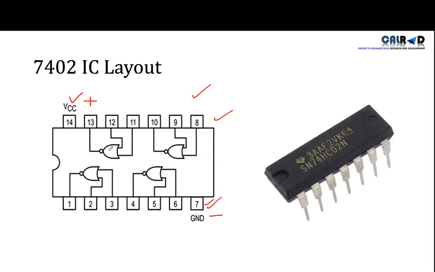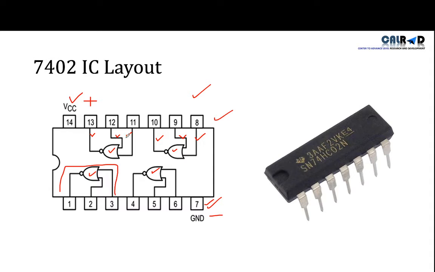As you can see in the IC there are 1, 2, 3 and 4 NOR gates, in which every NOR gate has 2 inputs and 1 output. Here also 1 output and 2 inputs. So instead of performing these 4 applications, we will perform only 1 application by using this NOR gate.